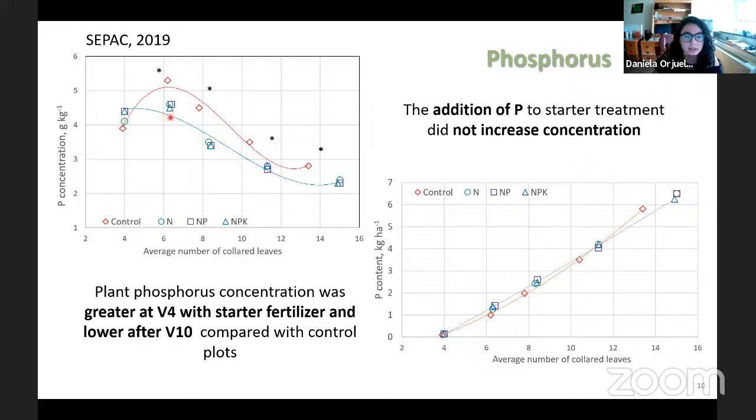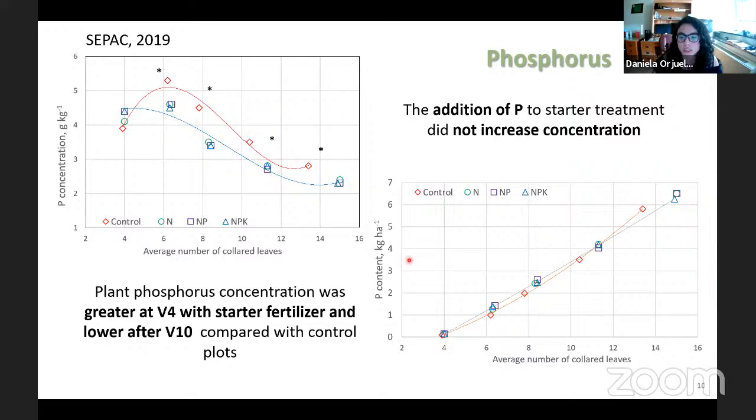They are significantly different, control versus starter. So we will have control with a higher concentration of phosphorus, and again, different in leaf stage. So if we were at the same leaf stage, maybe we would have a closer amount of phosphorus as concentration in that plant.